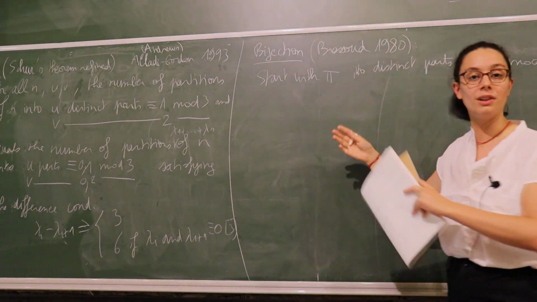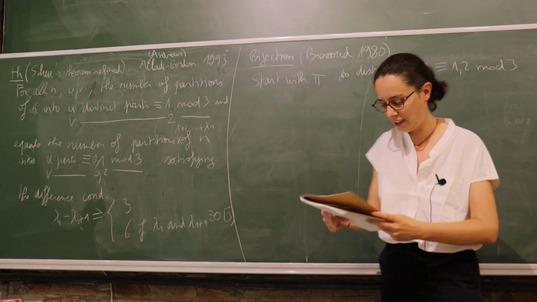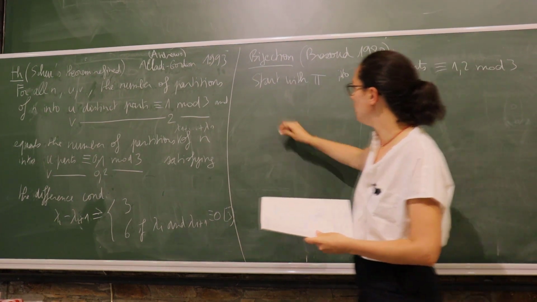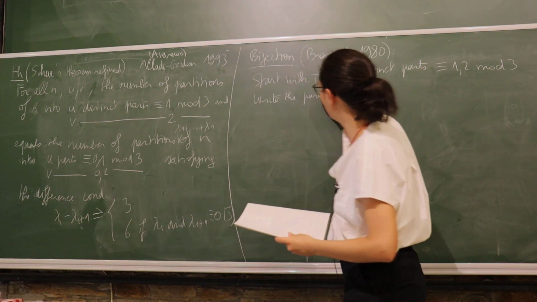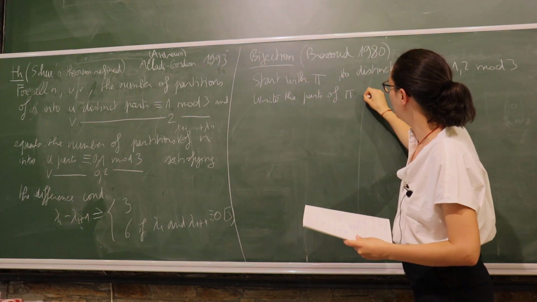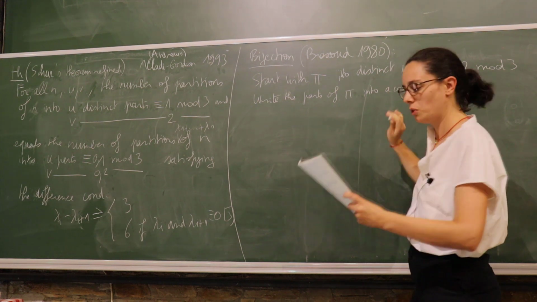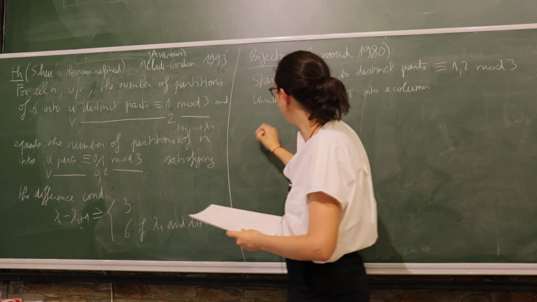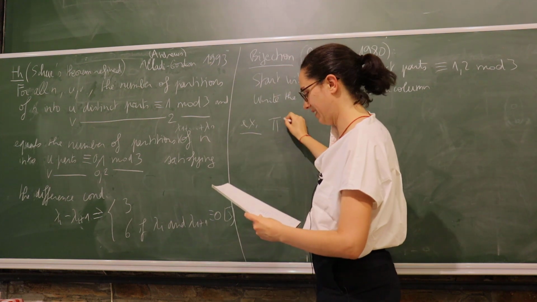And we will try to transform it into a partition of this type, satisfying the difference conditions. Okay, so you read the parts of pi into a column. So far, nothing too fancy, so let's do some examples, because bijections are always better on examples.